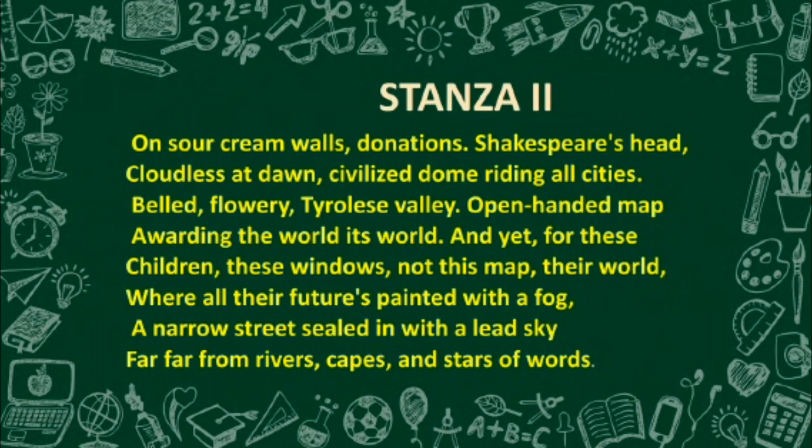Which rivers, capes, and stars of words are referred to here? The rivers and capes present in the sceneries that are hung on the walls. Stars of words means stars, great figures of literature, like Shakespeare. Shakespeare tells the world about love and royalty and the rich bounty of nature.